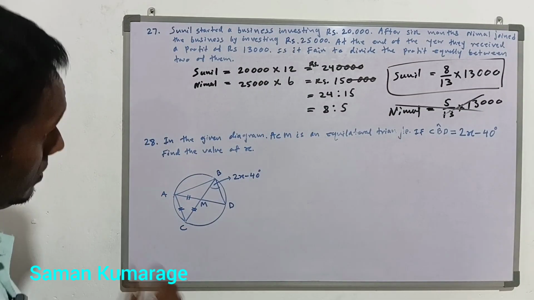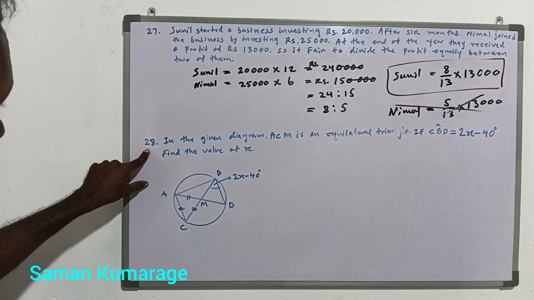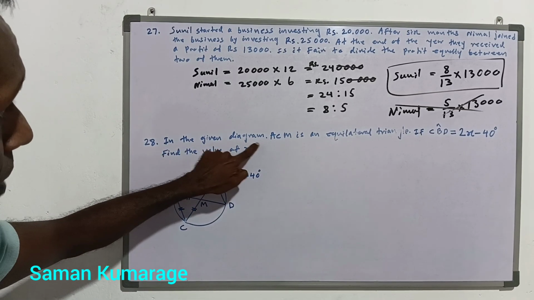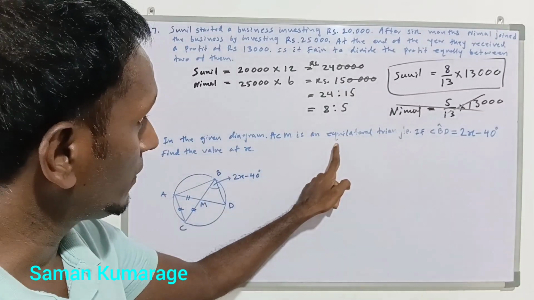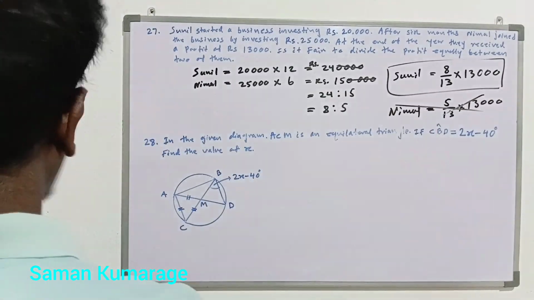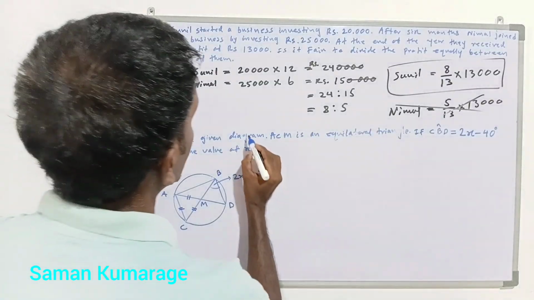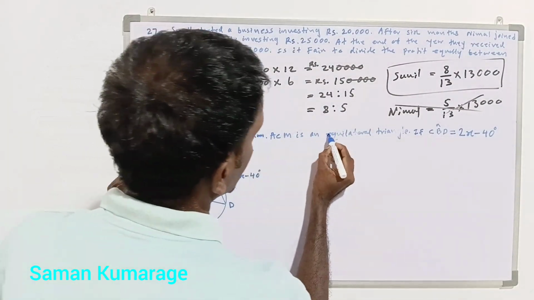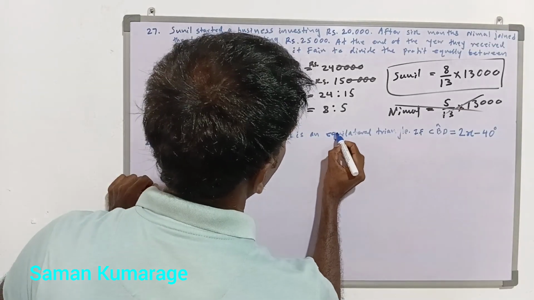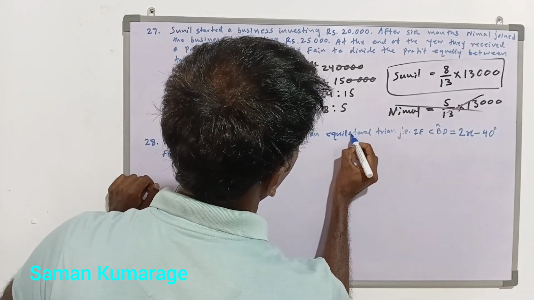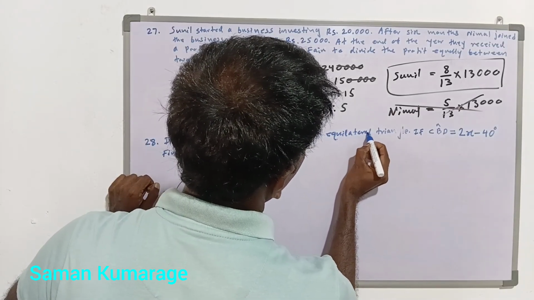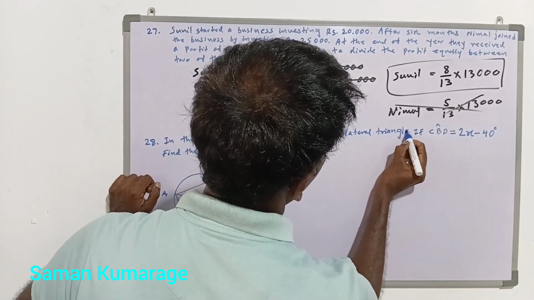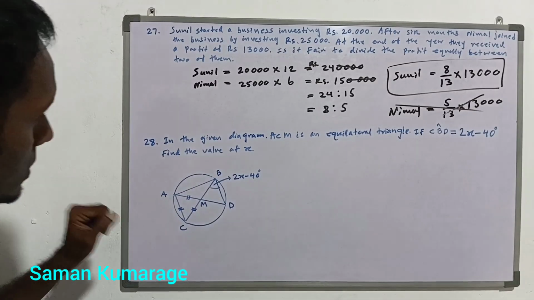Okay. Now let's move on to the next question. It says in the given diagram, ACM is an equilateral triangle. It's not looking clearly. It got erased by my hand. Okay. Now look at.